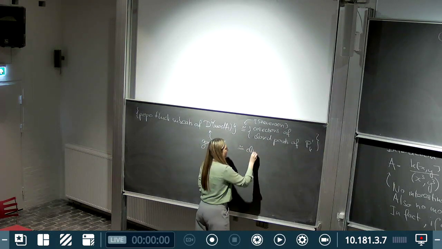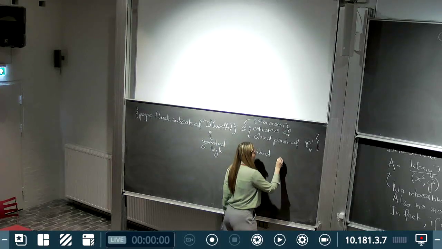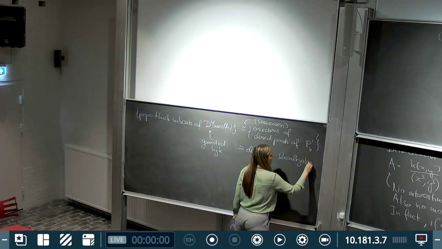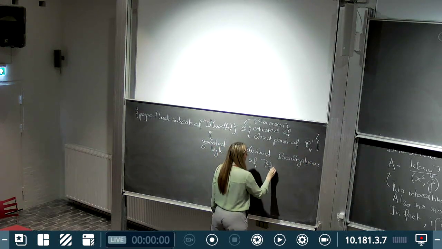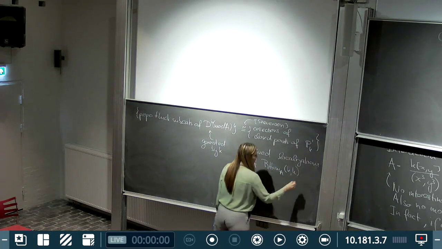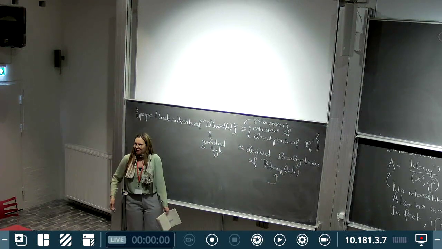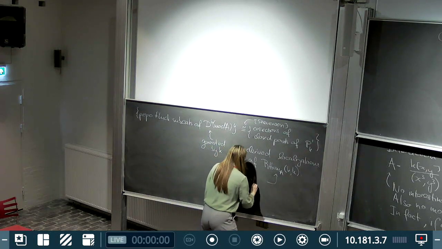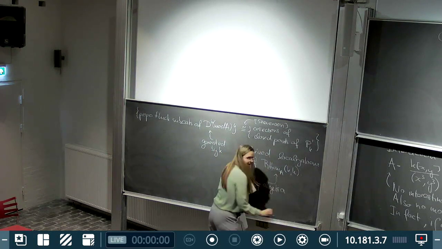So these are the localizations of perf of that DGA. These are just the derived localizations of RHom from K to K. And that thing is now uncomplicated. It's a non-formal differential graded algebra. And that's my whole punchline here.